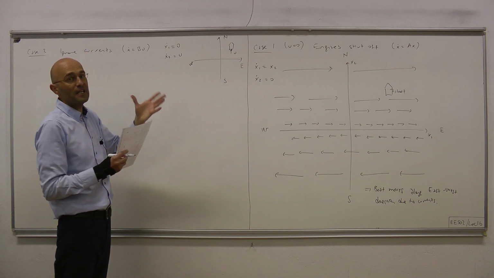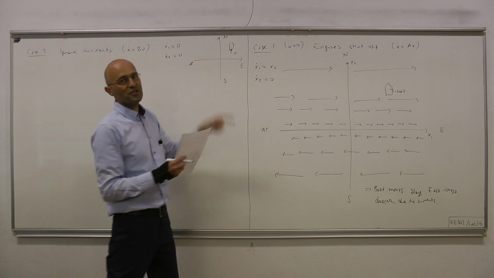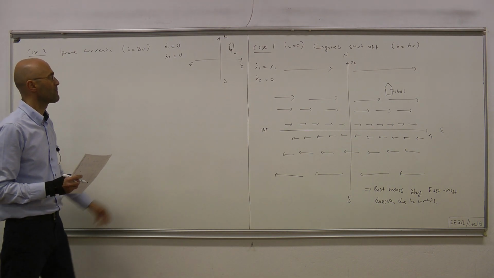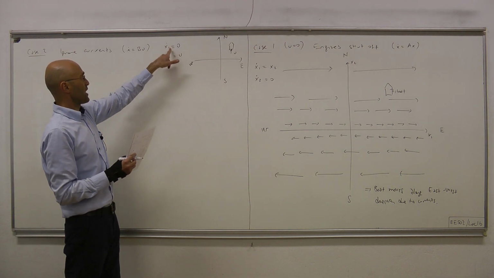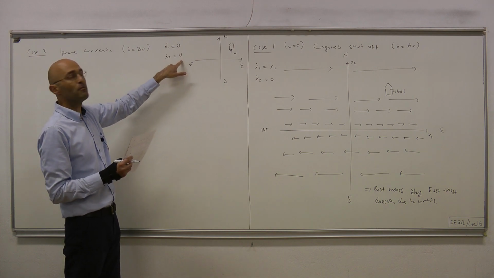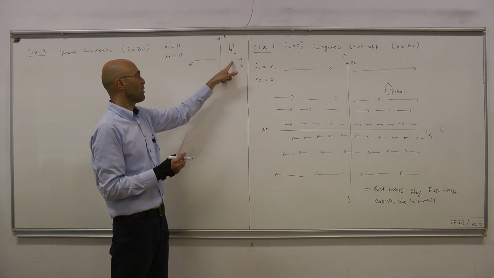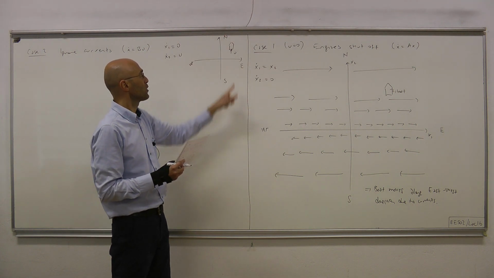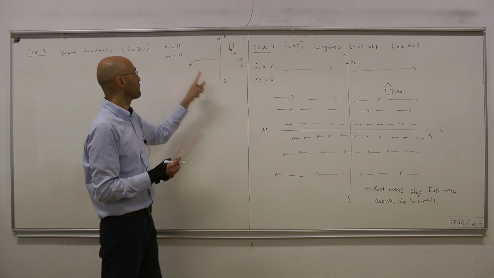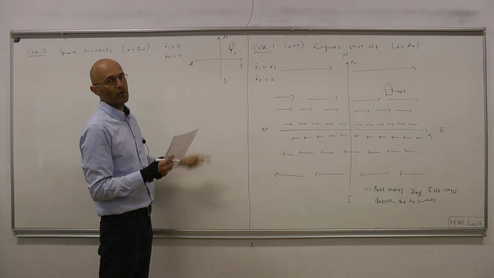The rudder, in a sense, is broken, so we can only move in the north-south direction. So x1 dot is 0, which means x1 is constant no matter what you do with the input. If you start here, the x1 component will not change, so you will always move on that vertical line.